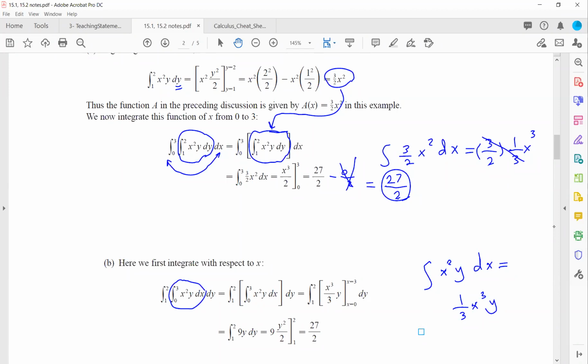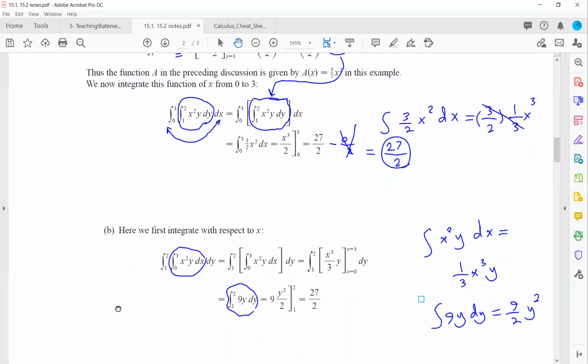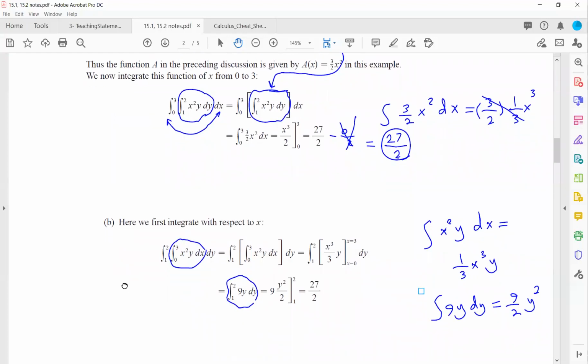Now we take the integral with respect to y, because our outside integral has variable y. Now the integral of 9y is equal to 9/2 y squared. First, we plug in 2, then we plug in 1.